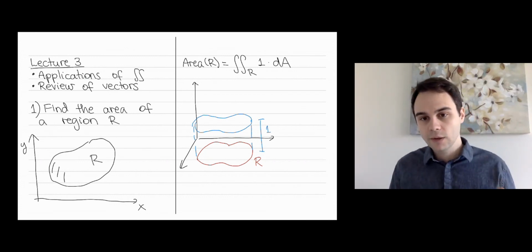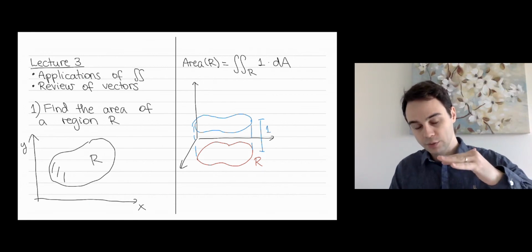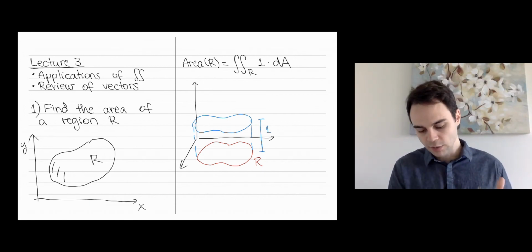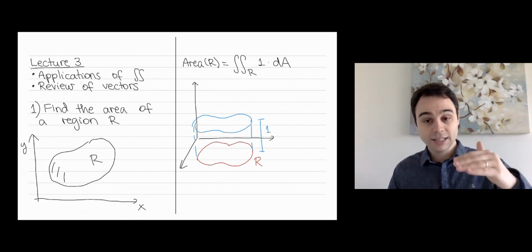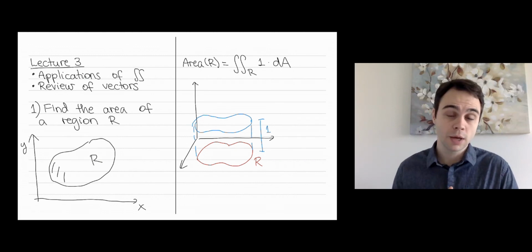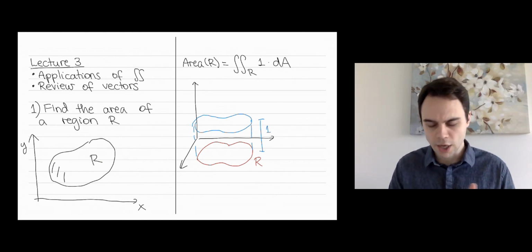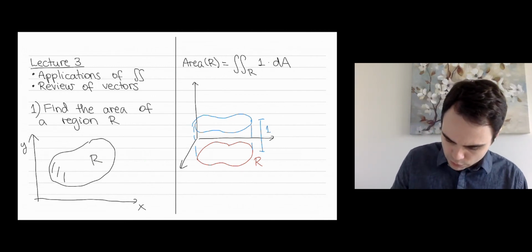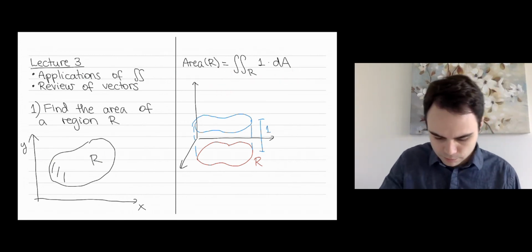below this graph. Now this region between the graph and the xy plane, this 3D solid, has volume equal to the area of the base times the height, but the height is 1. So the volume of the solid is equal to the area of its base, which is the area of R. To repeat that, the volume of the solid is the area of the base times 1, which is just the area of the base.